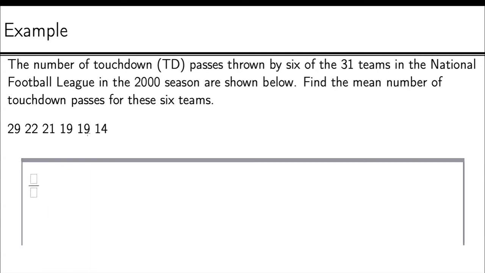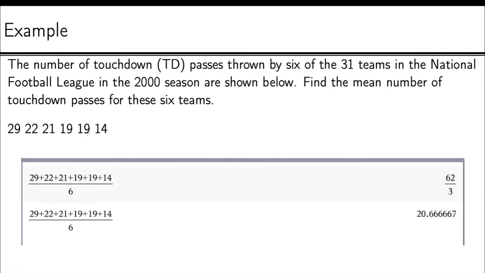So we have 29 plus 22 plus 21 plus 19 plus 19 plus 14. And then we divide by 6 because there are 6 numbers there that we added. And make sure you get a decimal form. And we'll go ahead and round that to the nearest tenth. So that's 20.7.